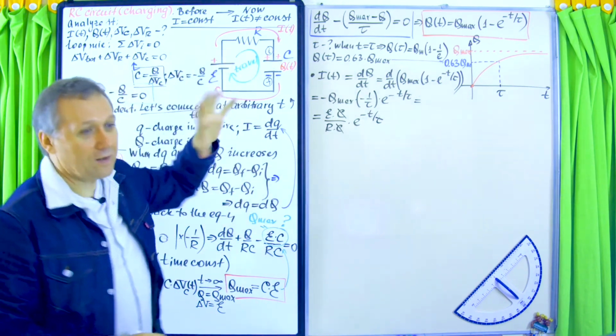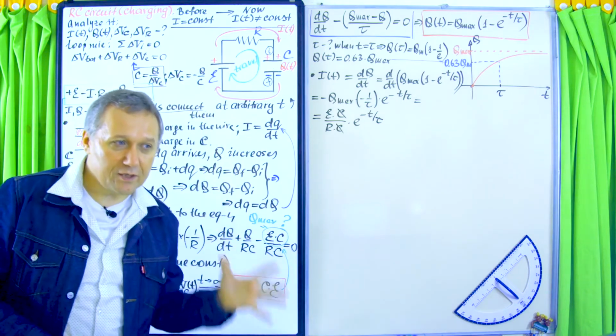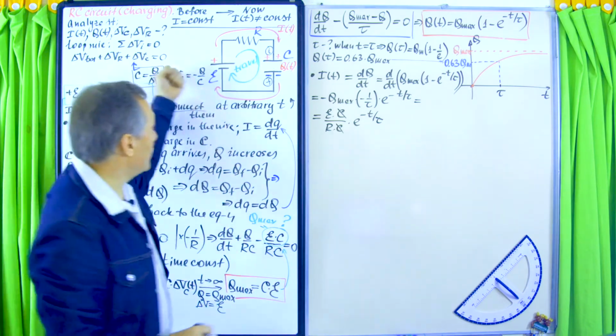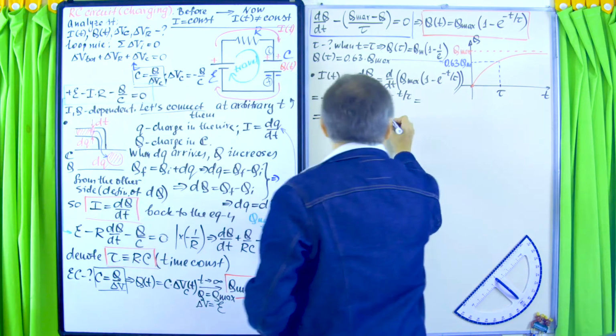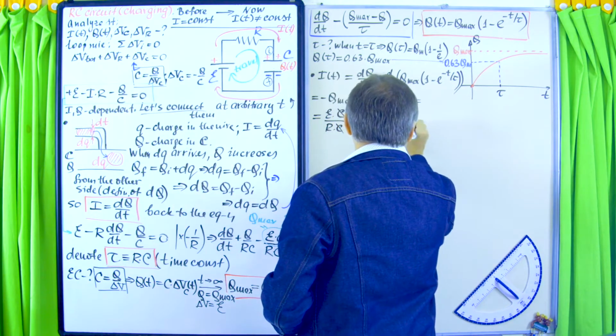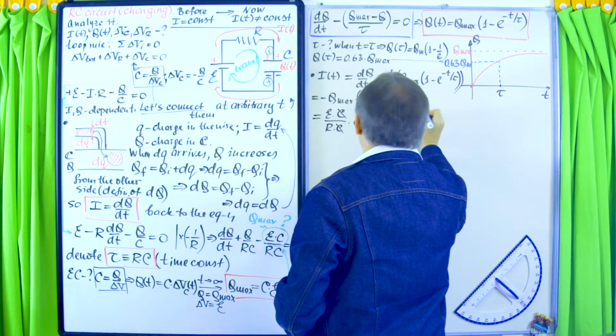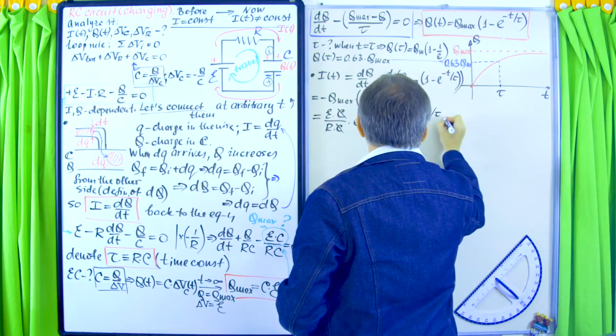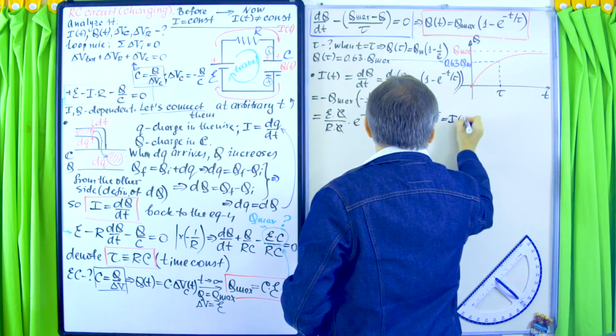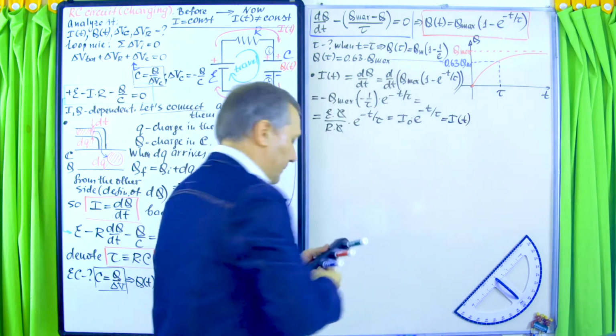EMF divided by R is the current at the initial moment of time, when you close the switch. So it will be I naught times e to the power of minus t over tau. So that's how current changes in time.